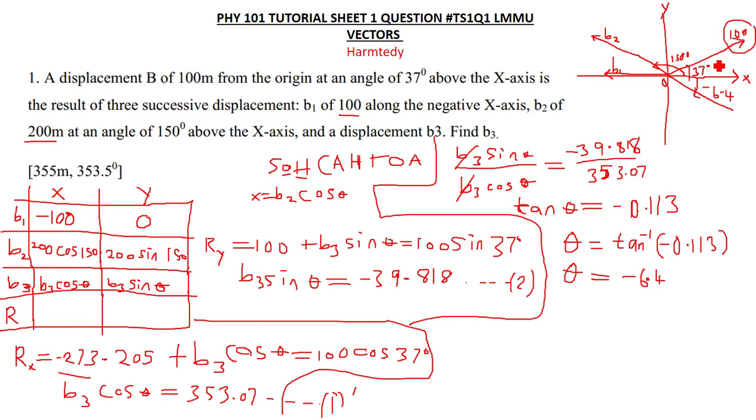So now to find this other angle which we are looking for, we're going to subtract this 6.4 from 360.